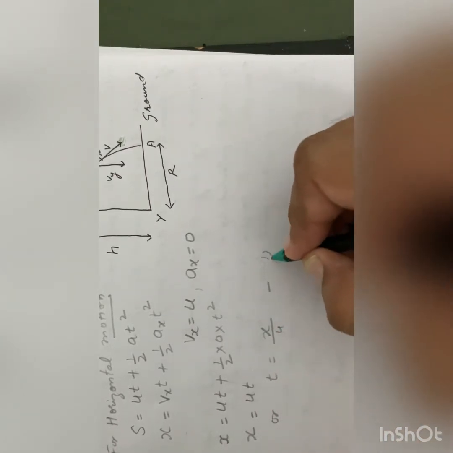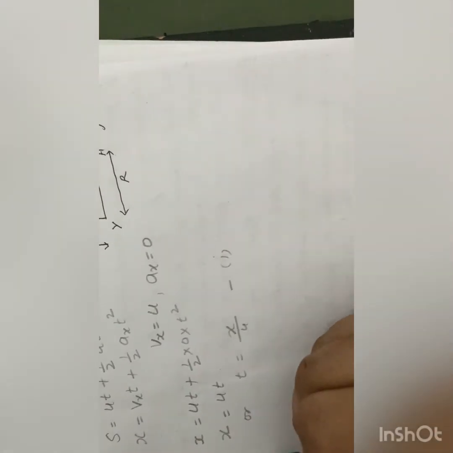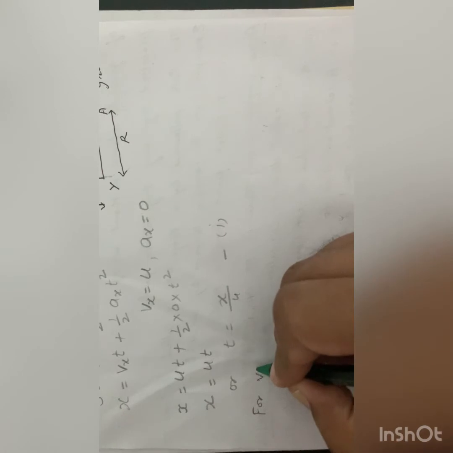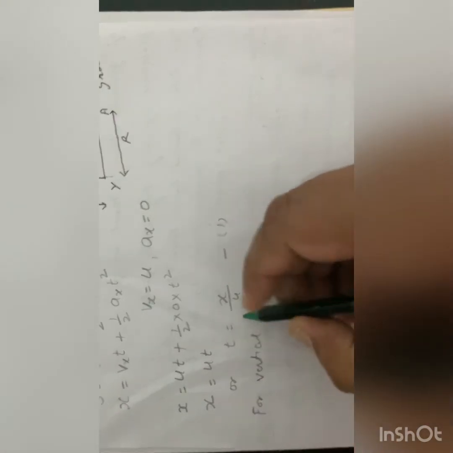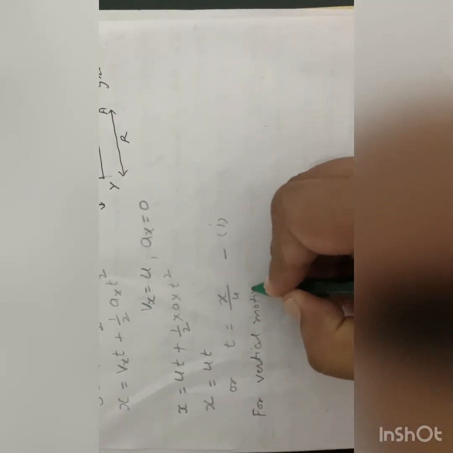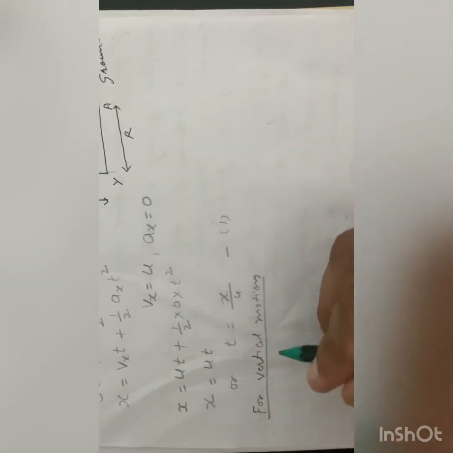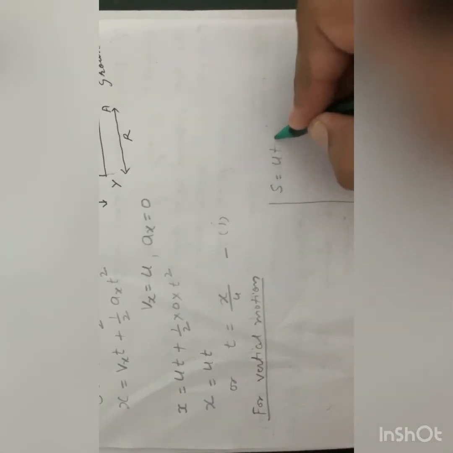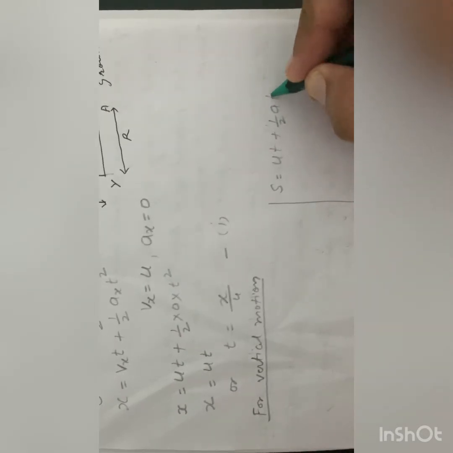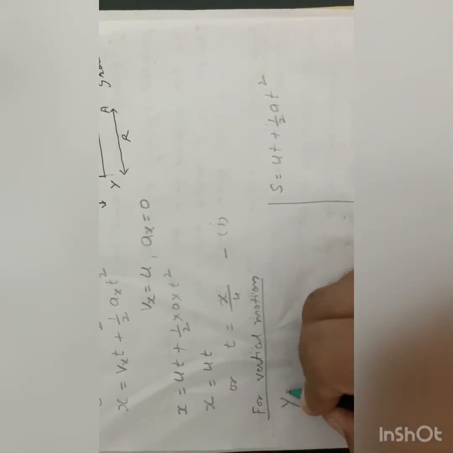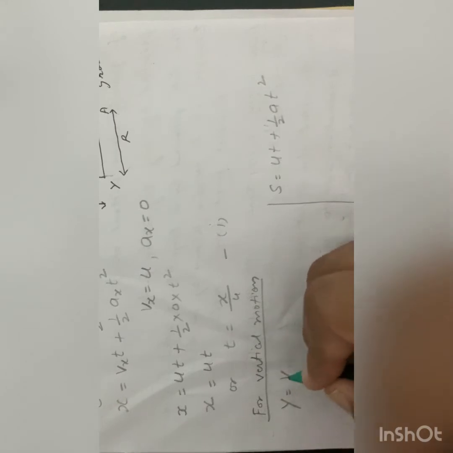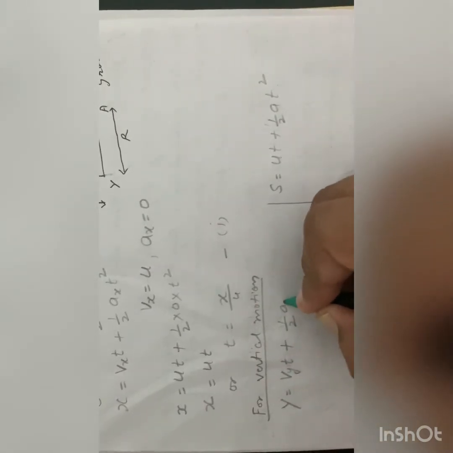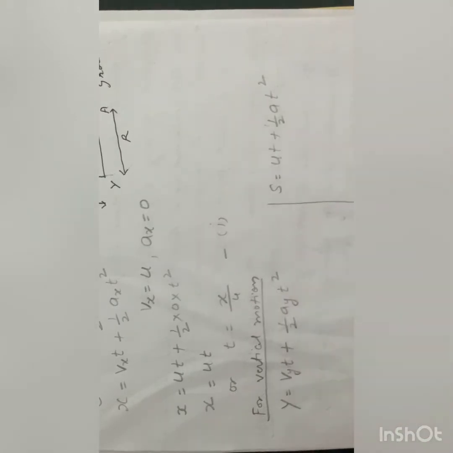This is the first equation. For vertical motion, we have S equal to ut plus half at square. So y equal to Vy t plus 1 by 2 ay t square.